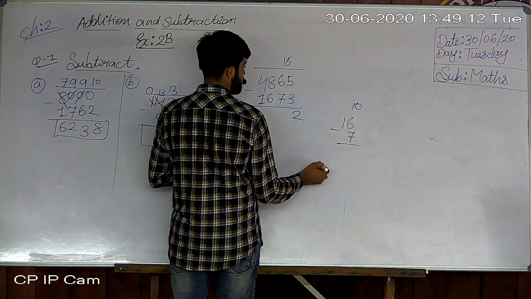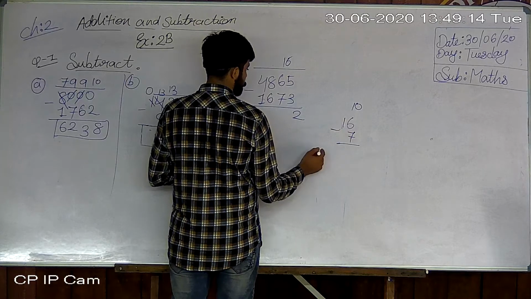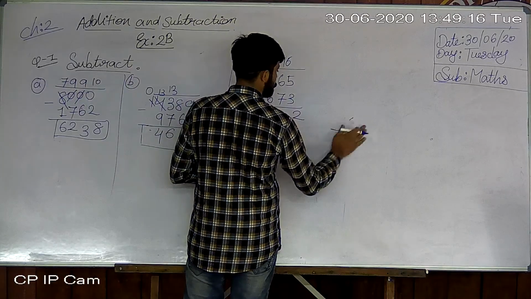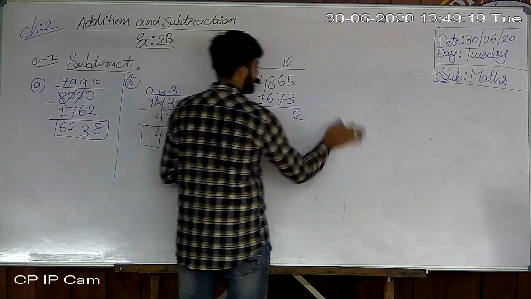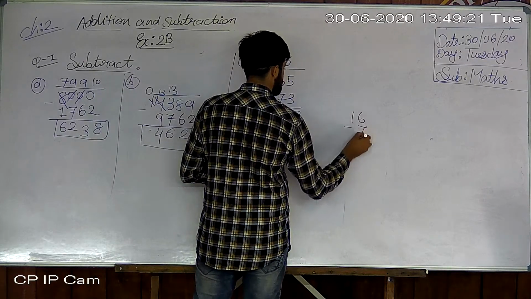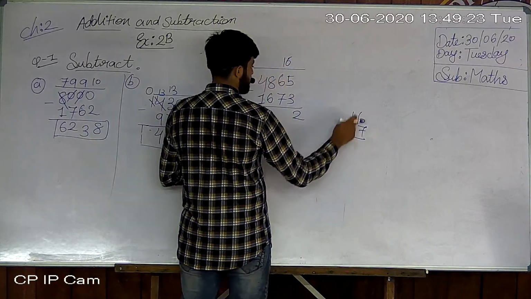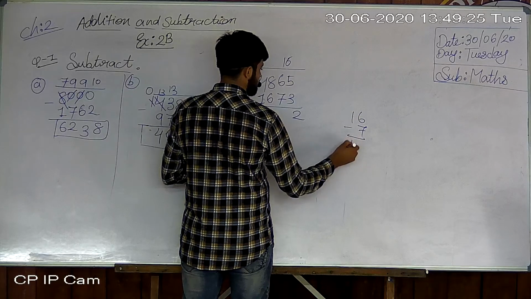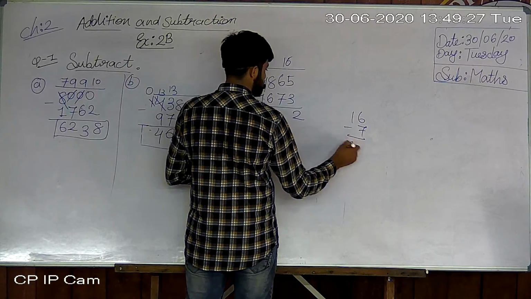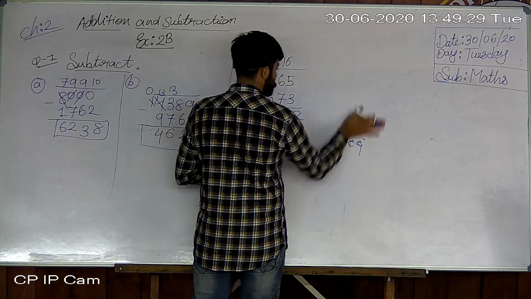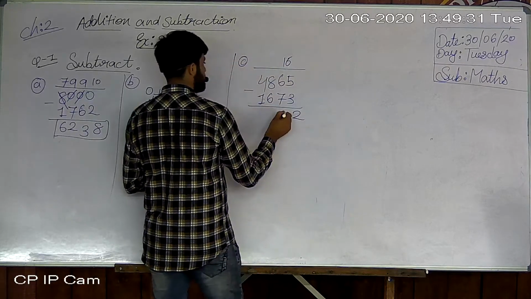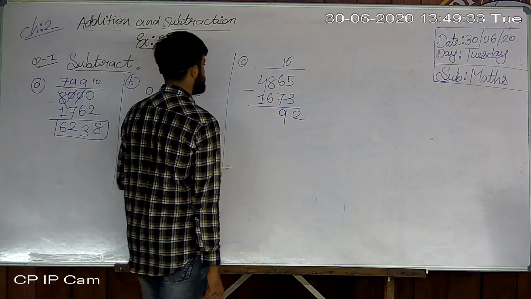So borrow, 16 minus 7. Okay. So again we are doing the same thing. See now, 7 here and 6 here. So 1. So 0 and 9. That's why we are doing the 9 here.